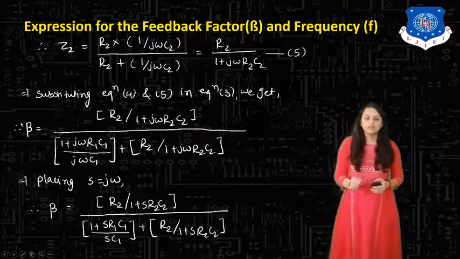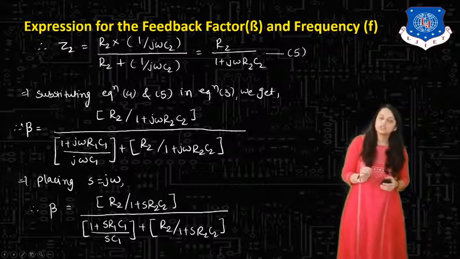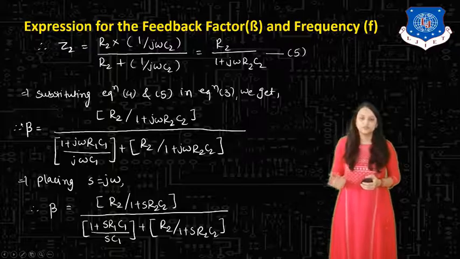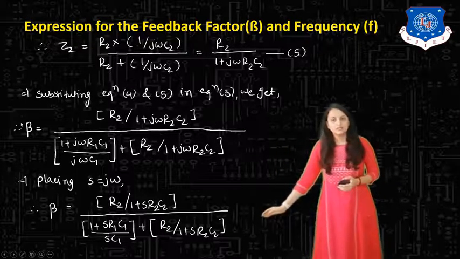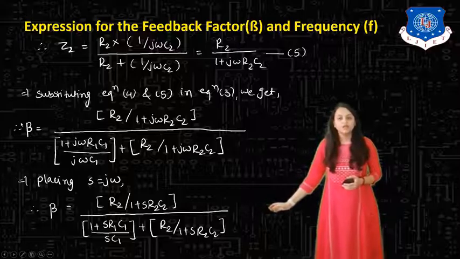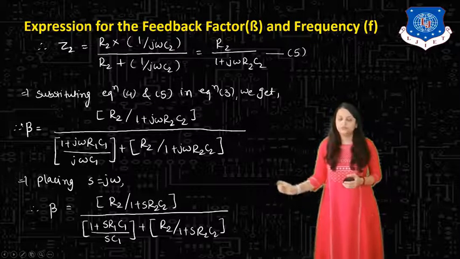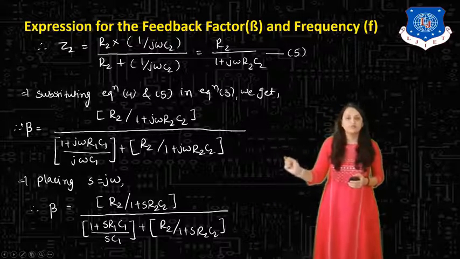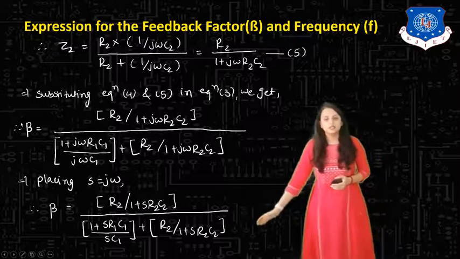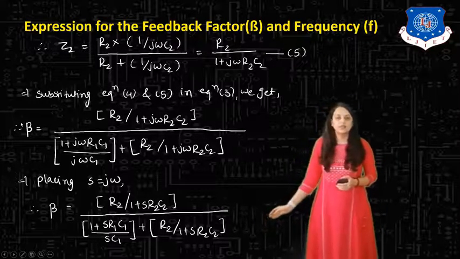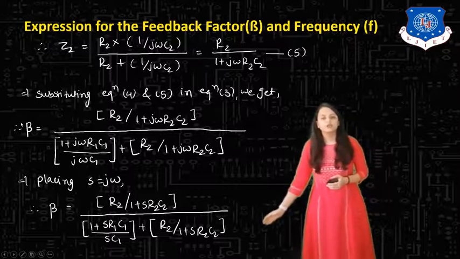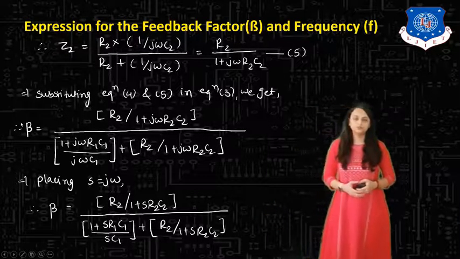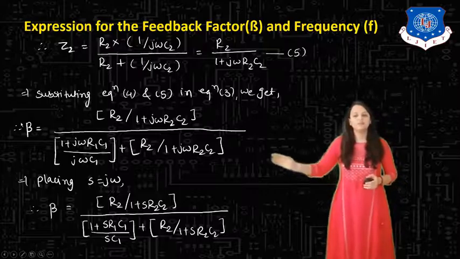Here, if we place j omega equals S, this equation will reduce to beta equals R2 upon 1 plus S R2 C2, where we have used j omega equals S. And in the denominator we will have 1 plus S R1 C1 upon S C1 plus R2 upon 1 plus S R2 C2. Simply we have placed j omega equals S in this equation.